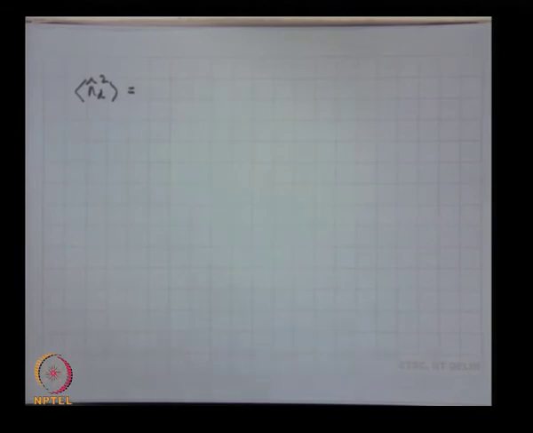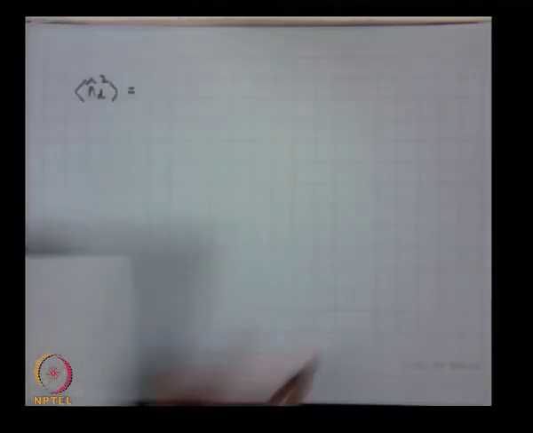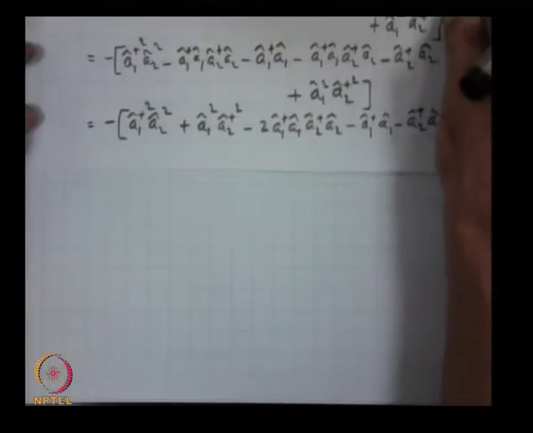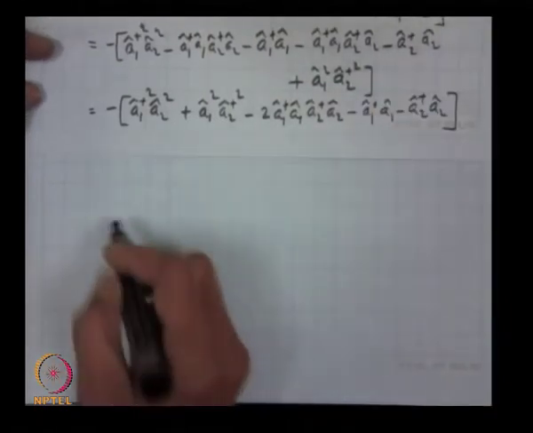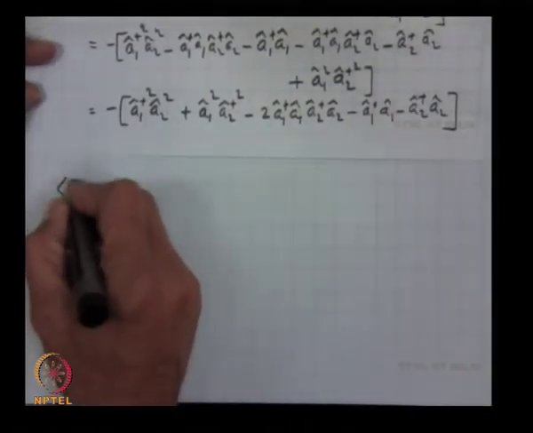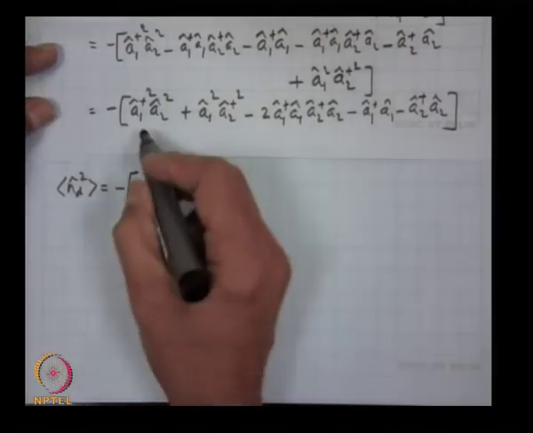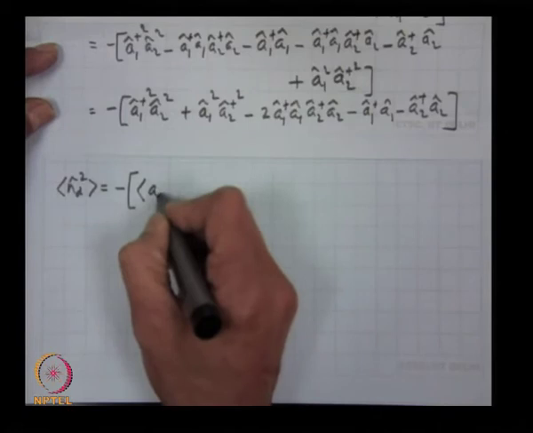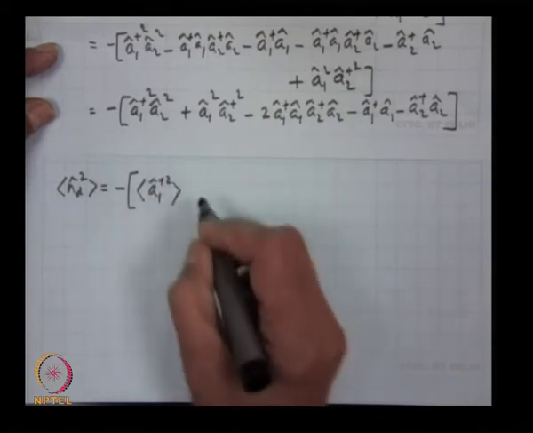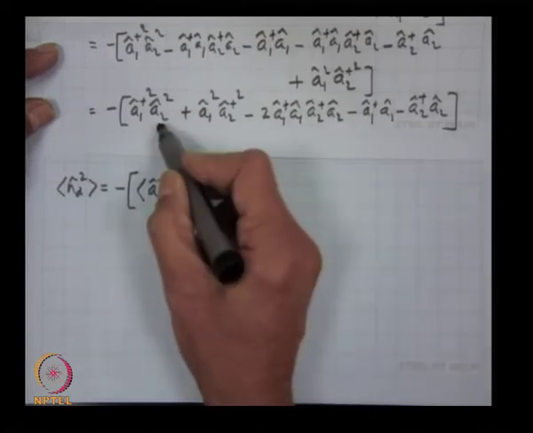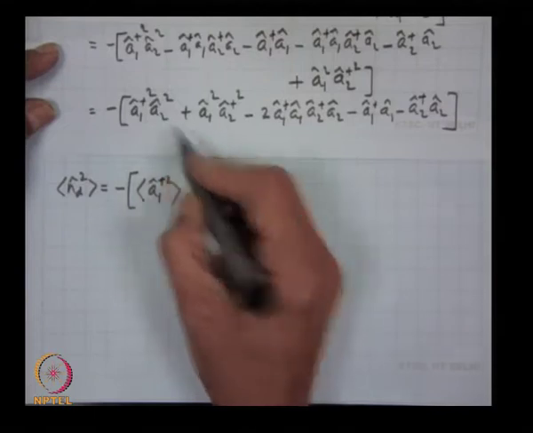Okay, here it is ND square. Let me write it below. Here is ND square. So expectation value of ND square, minus, now this is expectation value of A1 dagger square. What is expectation value of A2 square for the coherent state? Alpha square.